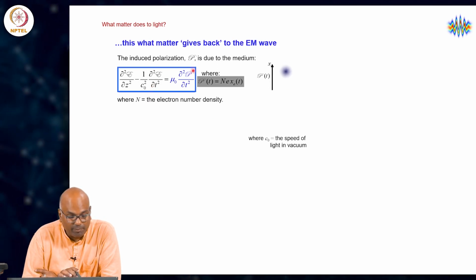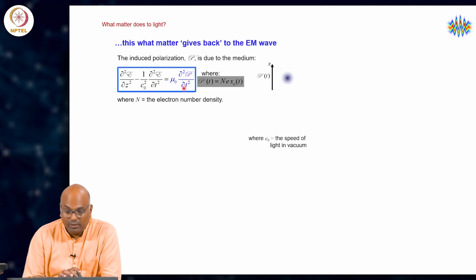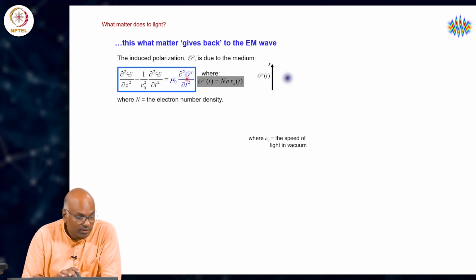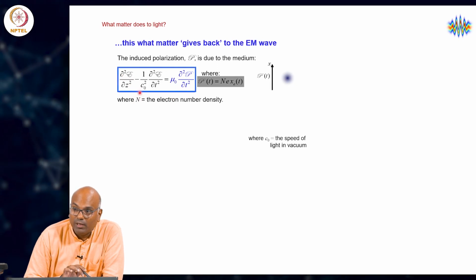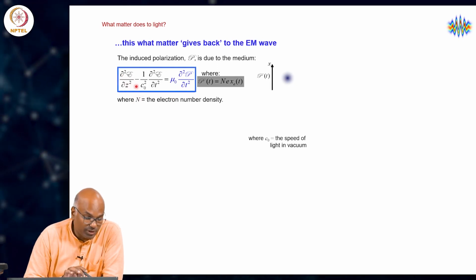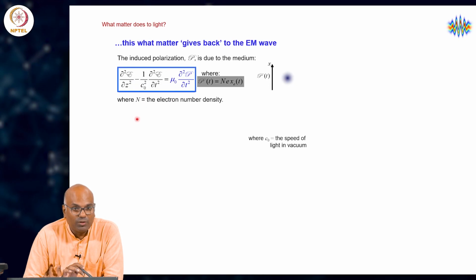We then realize that the polarization field P appears in this manifestation of the wave equation, captured here only in 1D in space, which is the z dimension. We can generalize this to 3 dimensions.